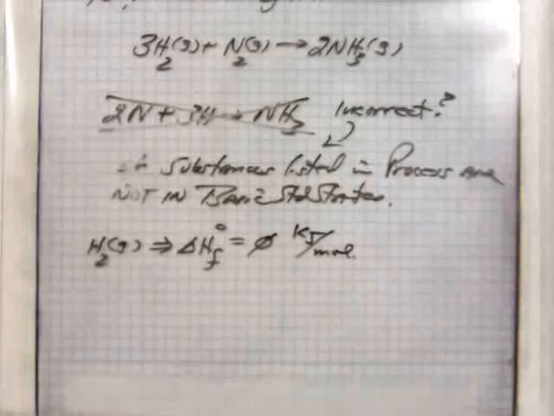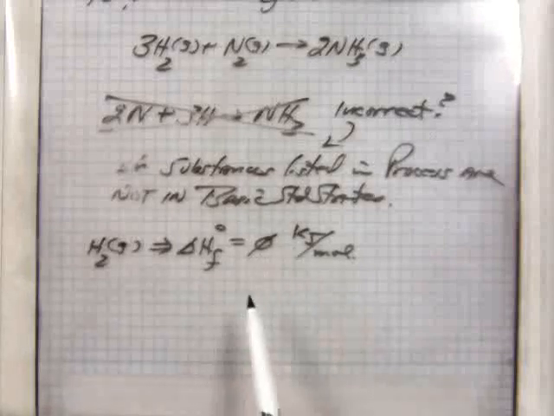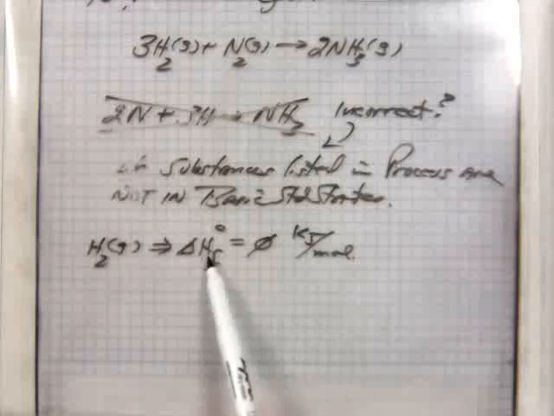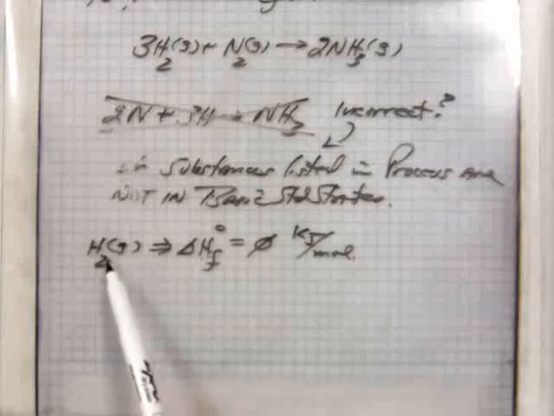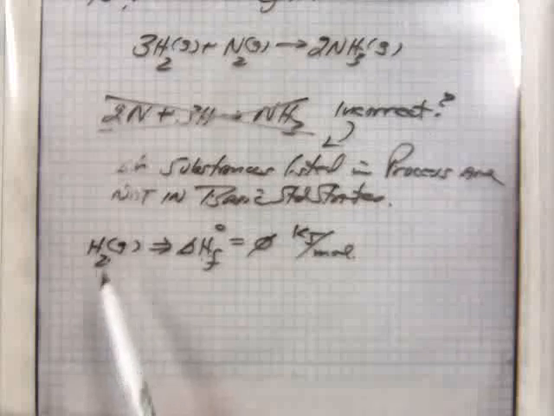Well, all elements in basic standard state, now you have elements that are not necessarily in basic standard state. I'll show you that in a second. But if there is a 0 under this symbology, then that will be a basic standard state for that substance, for that element.